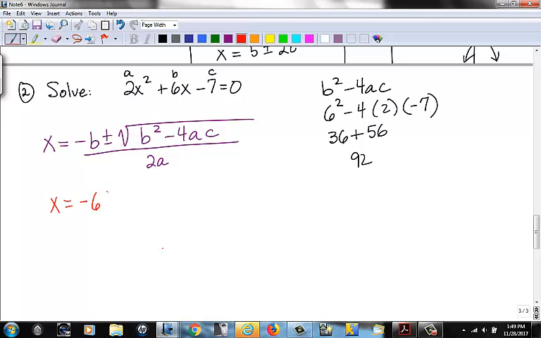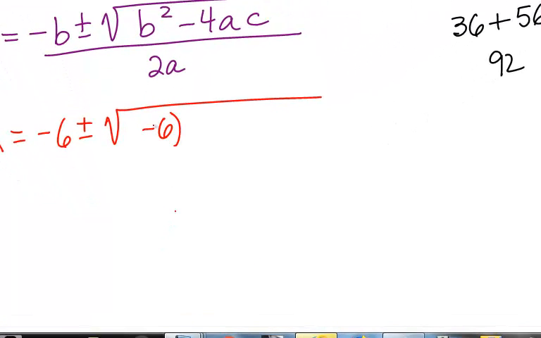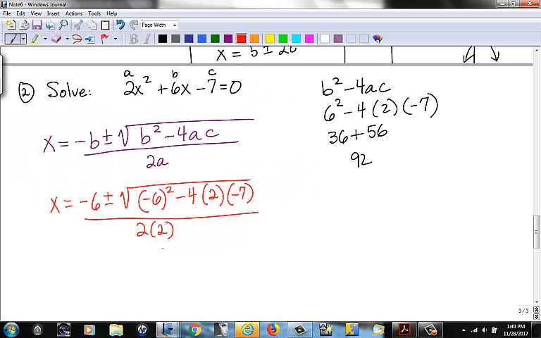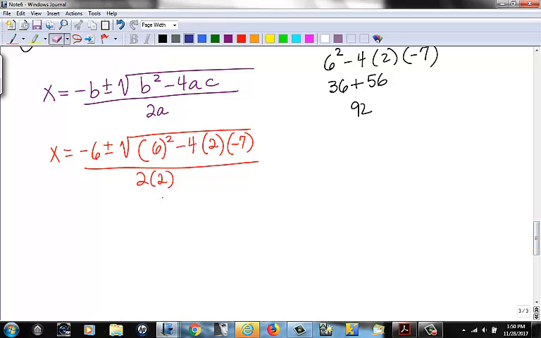Don't do any simplifying, just sub in, plus or minus 6 squared minus 4, my a is 2, my c is negative 7, and it's all over 2 times 2. Double check. Did I do okay subbing in? Oh, why did I do a negative 6 there? There's no negative there. Yeah, I made a mistake. Good check.